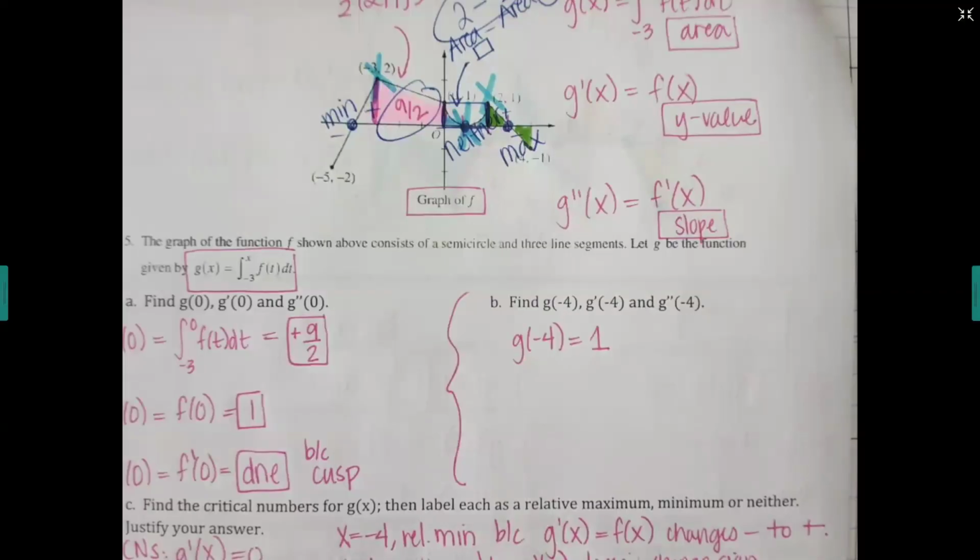Where does that happen? So from -5 till -3 and 1 to 2. Okay, versus if I wanted it to be concave down, I would want -3 to 1 and 2 to 4. Yeah?